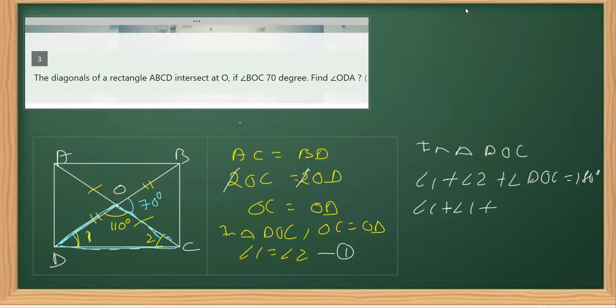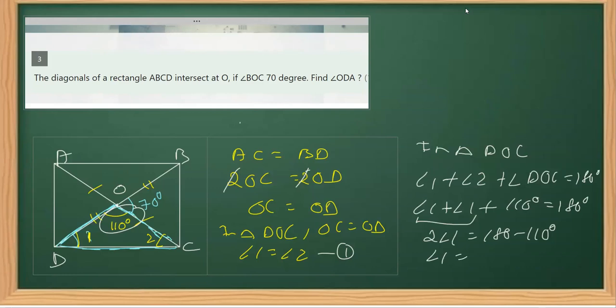And then DOC with its value as 110 degree. That is equal to 180 degree. Now, 1 plus 1 will give you twice angle 1. And then I can transpose this 110 on the other side. So that will give us 180 minus 110. So finally, we'll get angle 1 is equal to 180 minus 110 is 70.